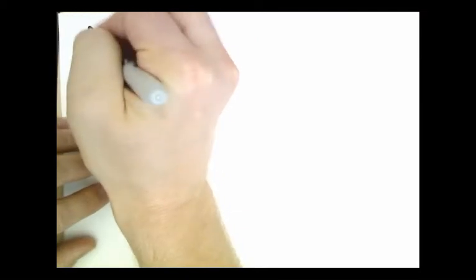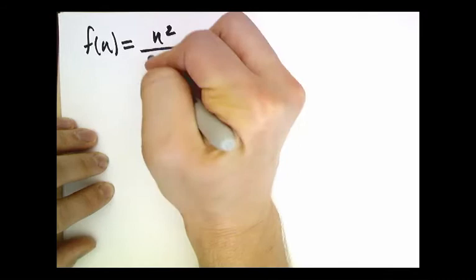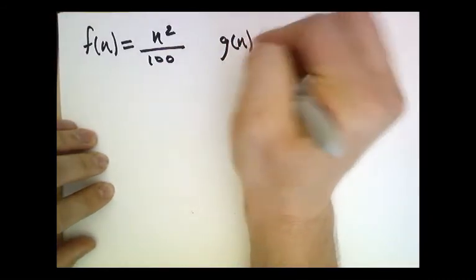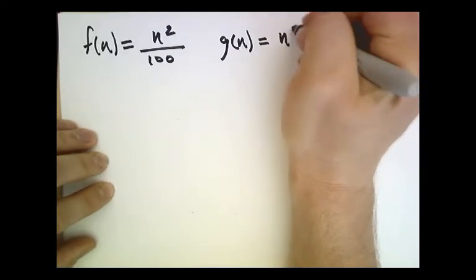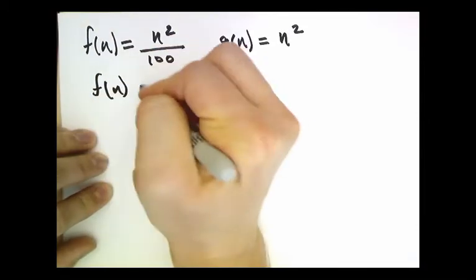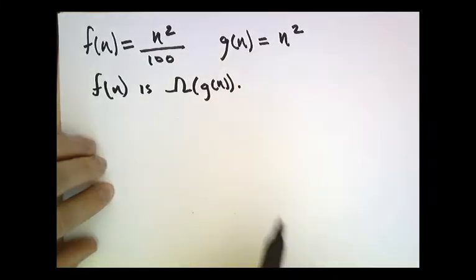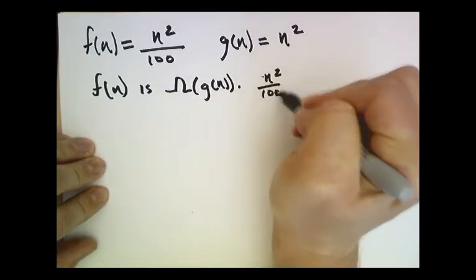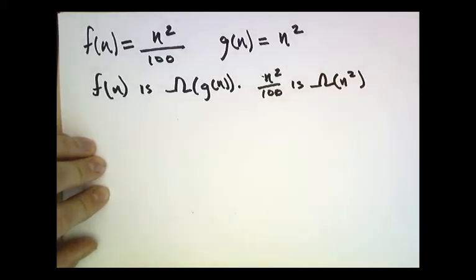Let's let f of n be n squared over 100 and g of n be n squared. Then it is the case that f of n is big omega of g of n. So just rewriting this, I'm saying that n squared over 100 is big omega of n squared.